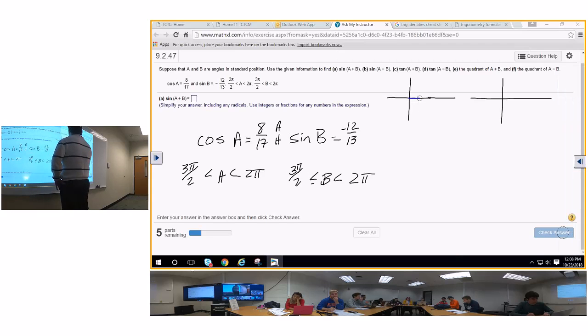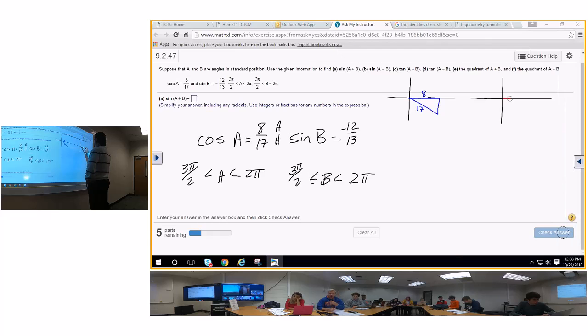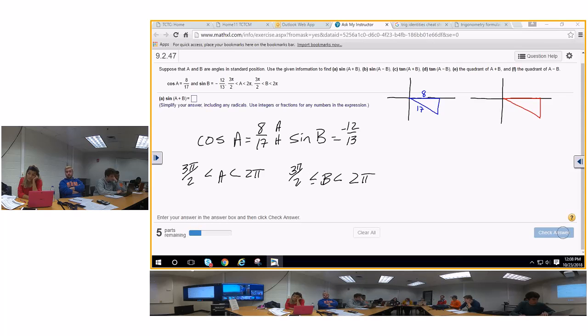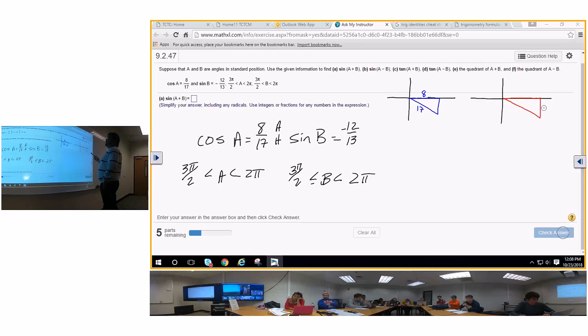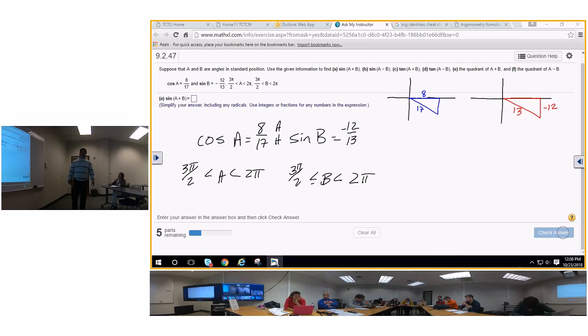There's my A, my hypotenuse is 17, and the adjacent side is 8. Over here, I'll draw another one in red, and that one is sine of B, negative 12 over 13. Now that I've got you started, I'm going to do Pythagorean and find what you need, and then you can start plugging and chugging.